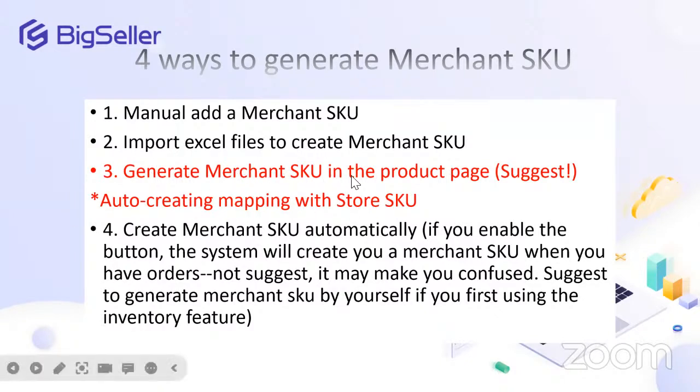That is, to generate a merchant SKU in a product page. And if you generate a merchant SKU in a product page, the mapping relationship will be auto-created as well. So I greatly suggest this. Okay, now I will use this way to show you how to generate a merchant SKU.